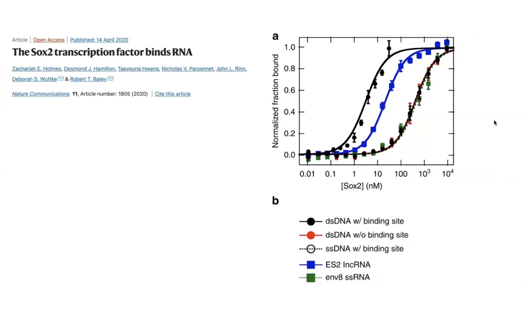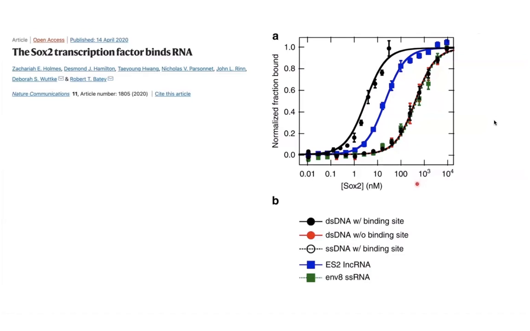Here, if we look at this figure, they're testing double-stranded DNA with a binding site, double-stranded DNA without a binding site, single-stranded DNA with a binding site, this long non-coding RNA, and this other single-stranded RNA. So they have some RNAs and some DNAs, and then they measure the binding and plot it.